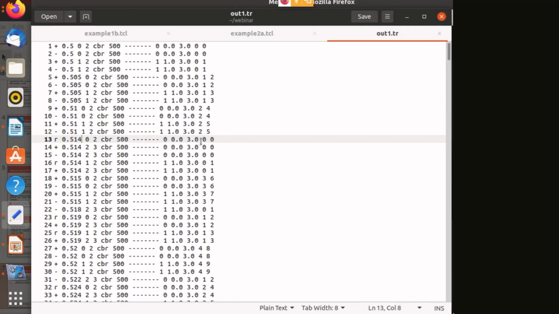Now see this line. Packet ID 0 is received at time 0.514, which was sent from node 0 to node 2. So node 2 has received packet ID 0 now. The packet type is CBR of 500 bytes.